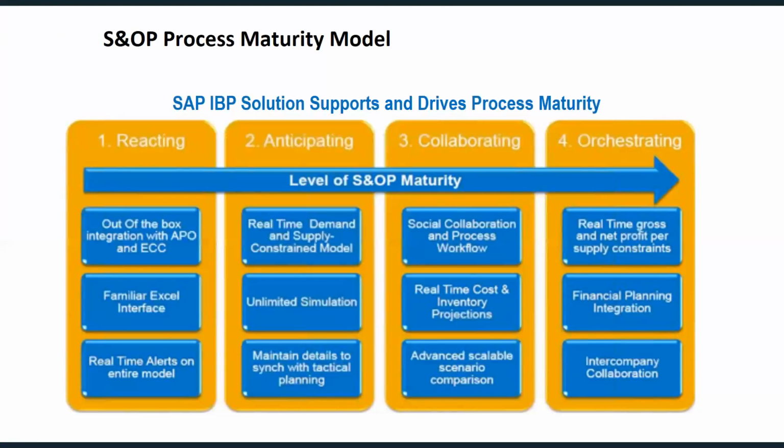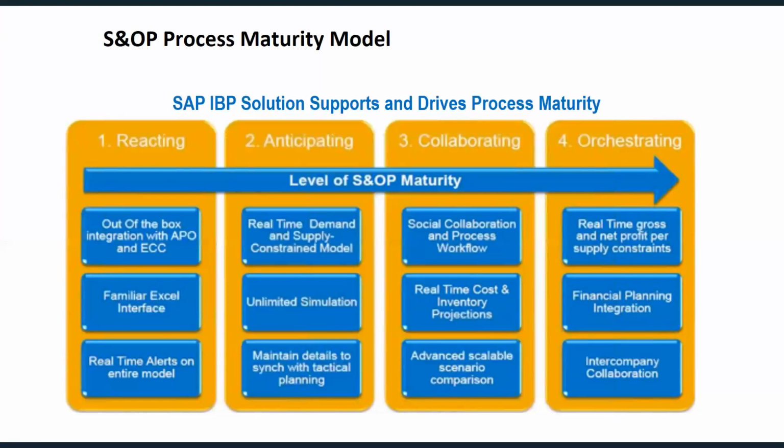When you move to levels 2 and 3, you start doing the balancing step very well, with capability around simulation, real-time planning, collaboration with various users, workflows, real-time projections and scenario comparisons.